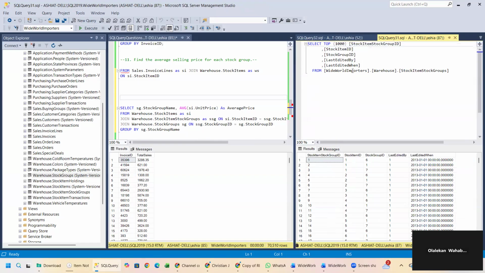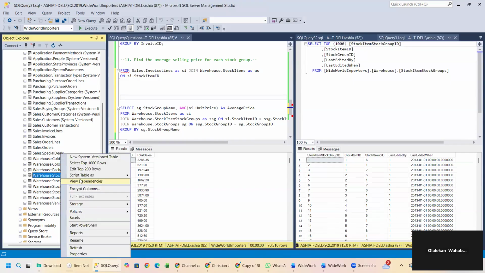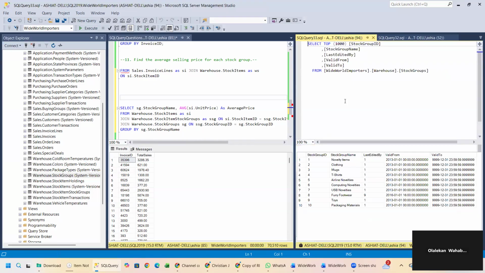They ask us for each group, so we need to open the stock group too. For the stock group, we have stock group name, so we have to call stock group in and extract stock group name into our select clause.